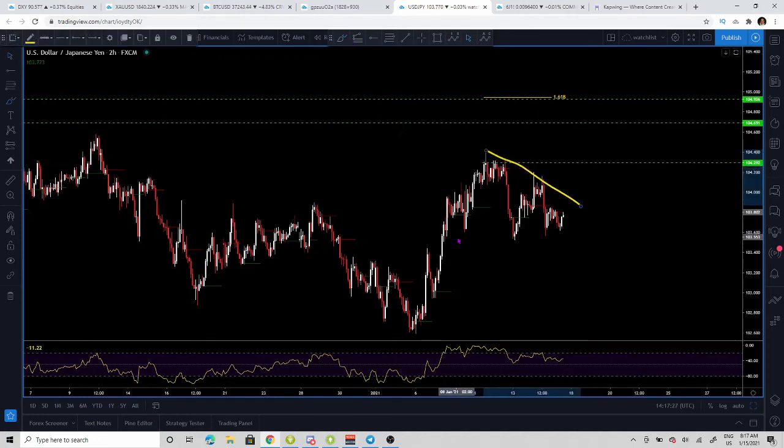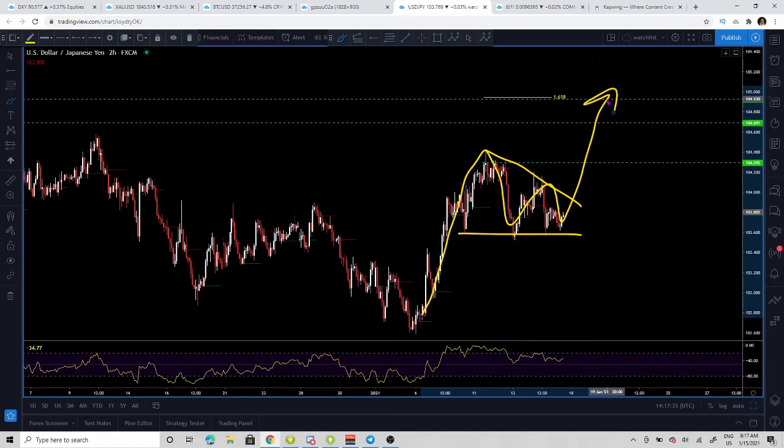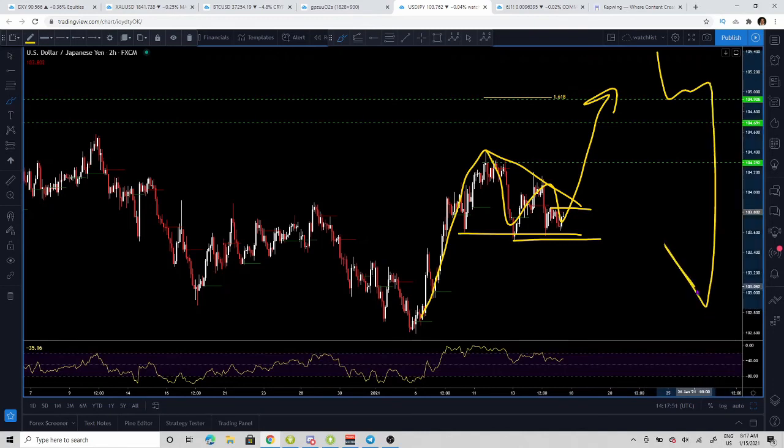Now, right now we are looking into a consolidation pattern, which looks like a continuation pattern on the short term for a rally to reach those bullish targets, which we will be selling into.